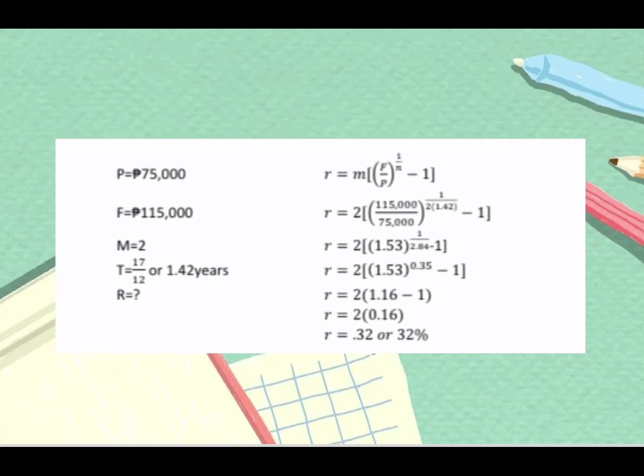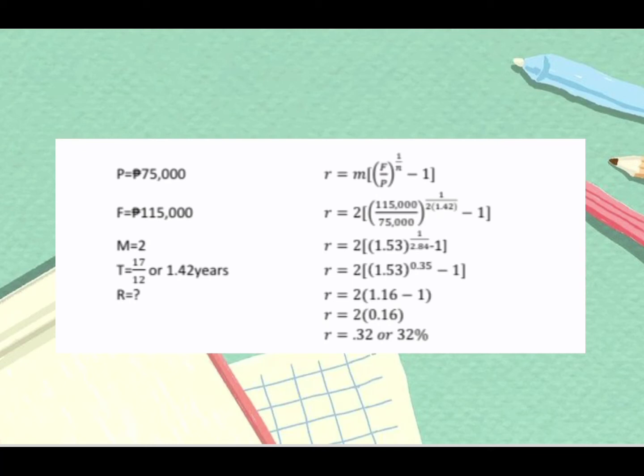R equals 2 multiplied by 115,000 over 75,000 raised to 1 over 2.84, minus 1.